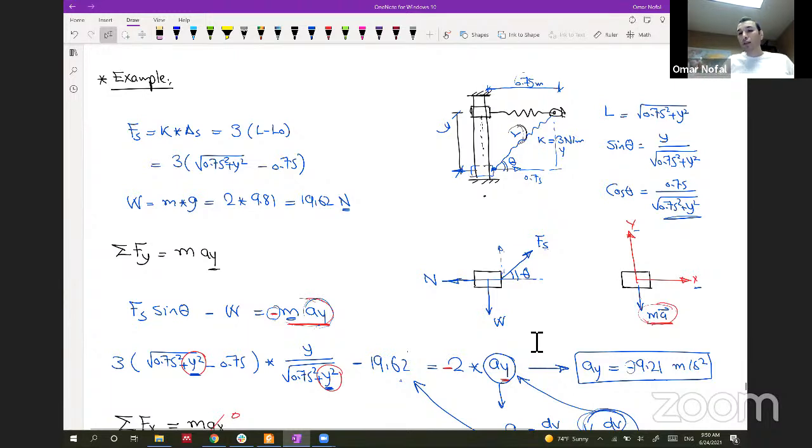What if you know that the body is sitting at rest from here, so it will go down, and you assume the acceleration is in the other direction? No problem, this one will be positive. And finally, when we solve this problem, you will find that AY is negative, which means it's in the opposite direction from the one that you assumed.